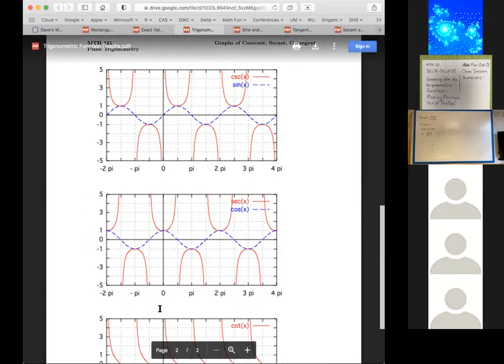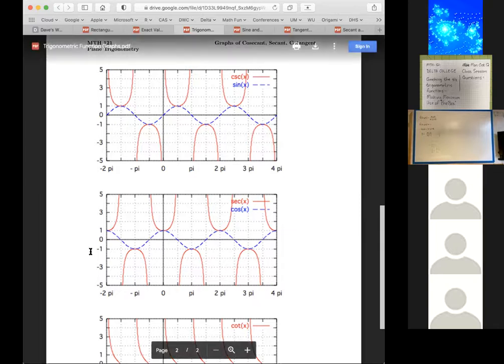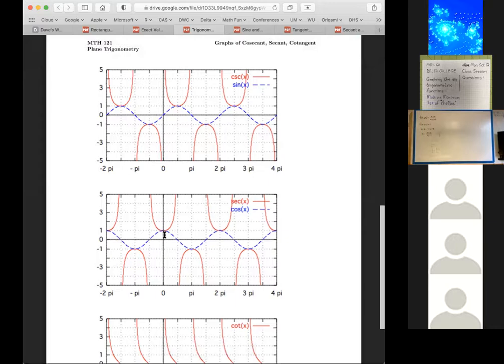Now for uniformity, I made each of these graphs go from minus 2 pi to 4 pi, from minus 5 to 5, just so I had one similar box that I could build them all inside. But I'm really interested in the box that contains one period of these 6 functions.